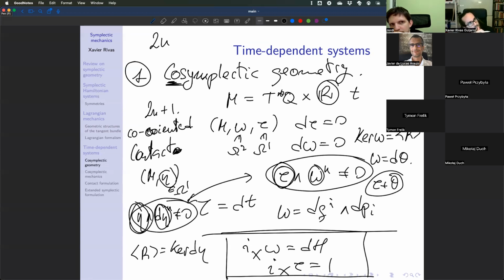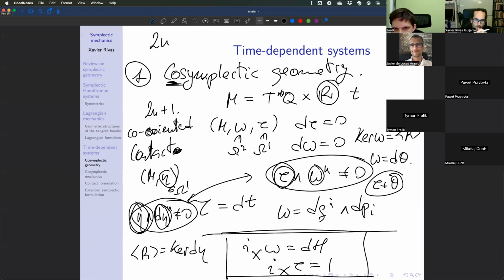There is no way of passing from one to the other. So while the geometries are related, the Hamiltonian systems in one approach and the other seem to be at least different and not treatable at the same time.